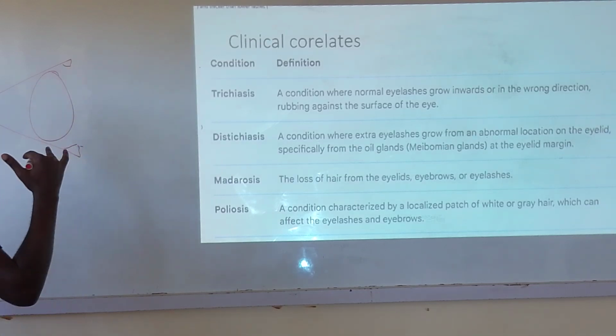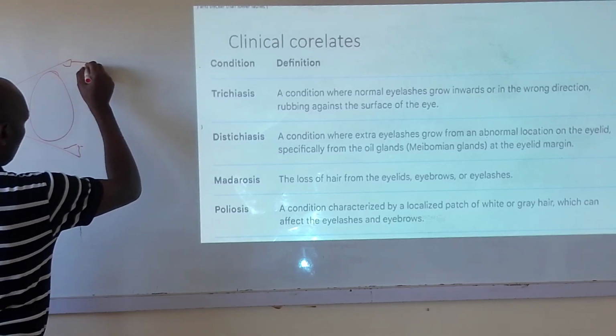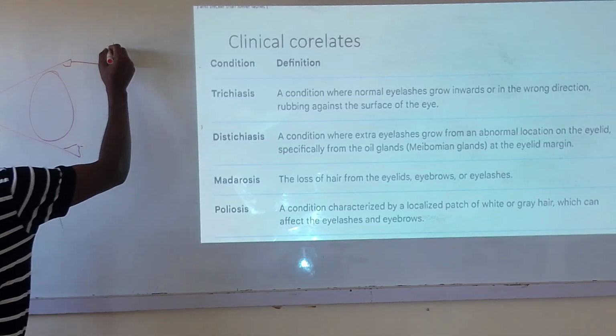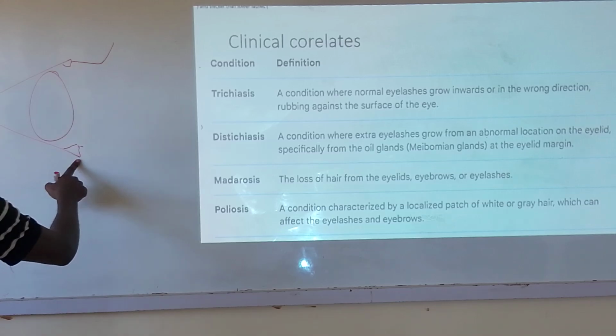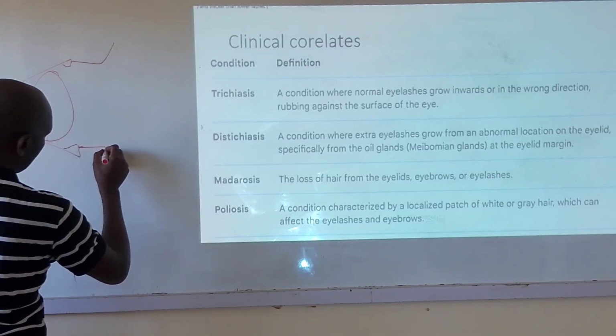For the upper eyelid, the eyelash is supposed to grow forward and upward, while for the lower eyelid, the eyelash is supposed to grow forward and downward.